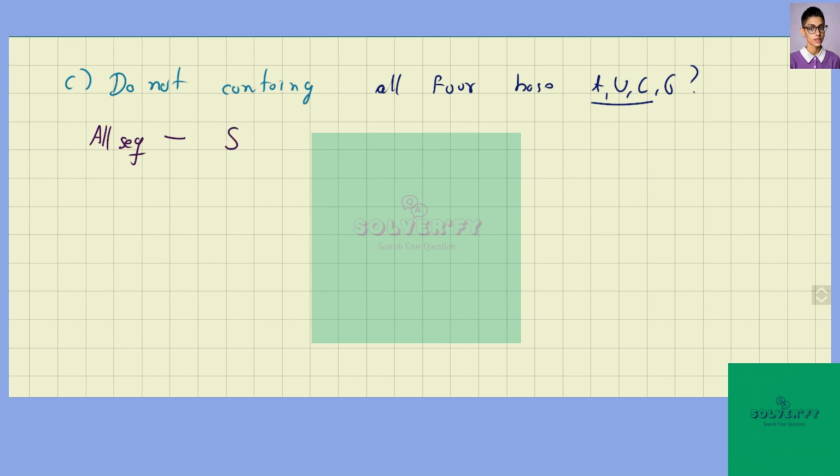The sequences that contain the four bases are the ones that do not repeat letters. Here we have four possibilities, but if we're not going to repeat the same letter, now we have three possibilities, then two, and then one.